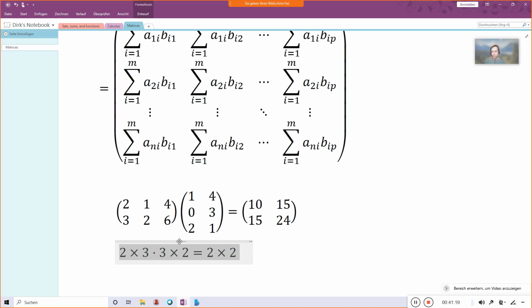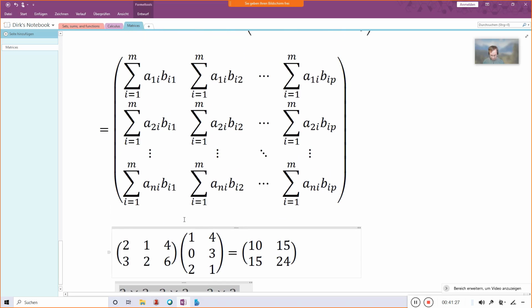There's some MATLAB code that shows how to do these operations that we discussed this morning. But yeah, so that's matrix multiplication. The question is, of course, why is matrix multiplication interesting? So for now, it's just some kind of somewhat arbitrary way of multiplying and adding up numbers.